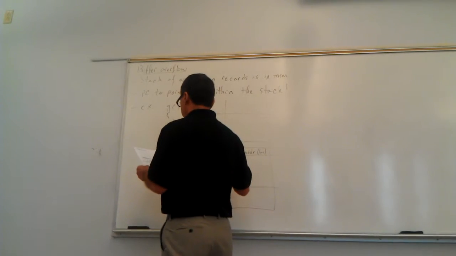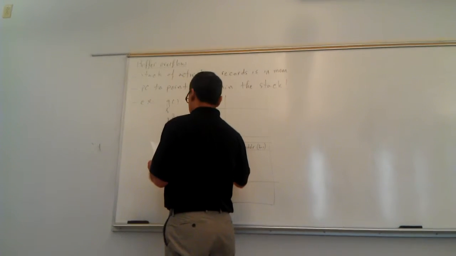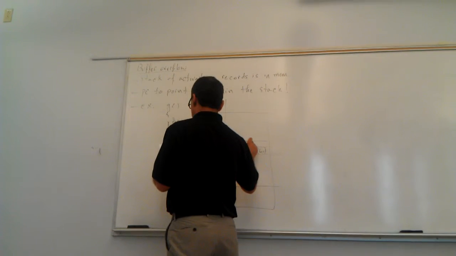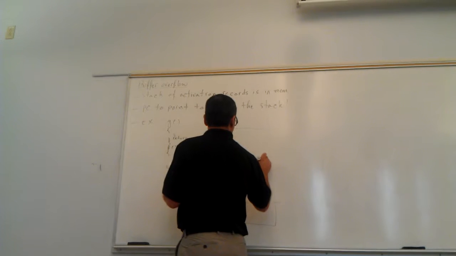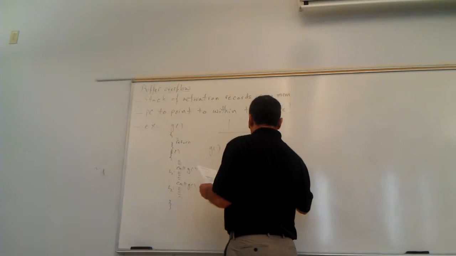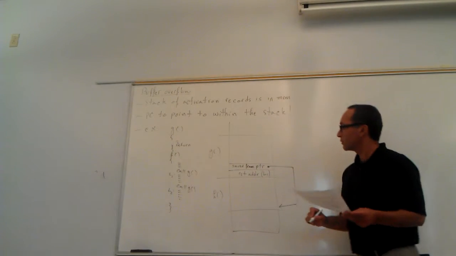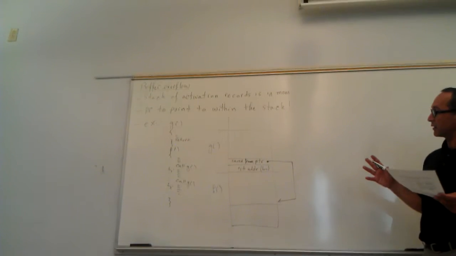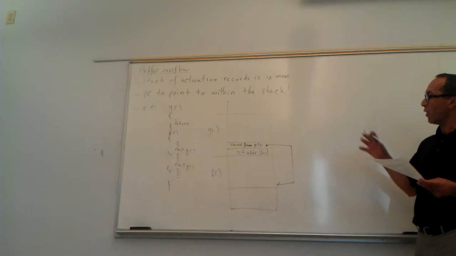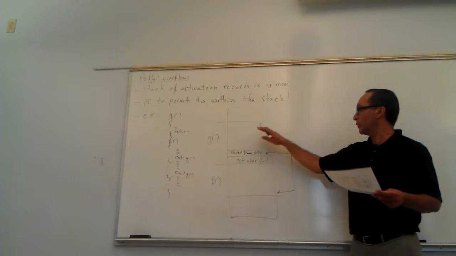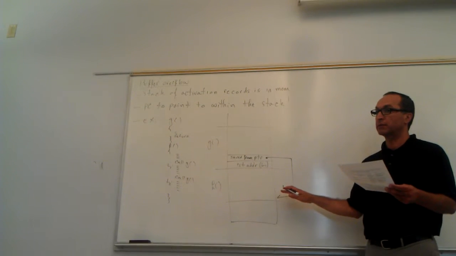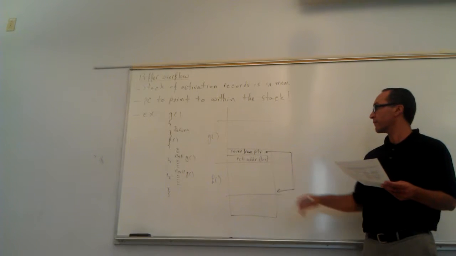You also have a saved frame pointer. And this is a pointer to the stack, to the activation record that called us, so that when we pop this one, we know where to go to, right? This becomes active.